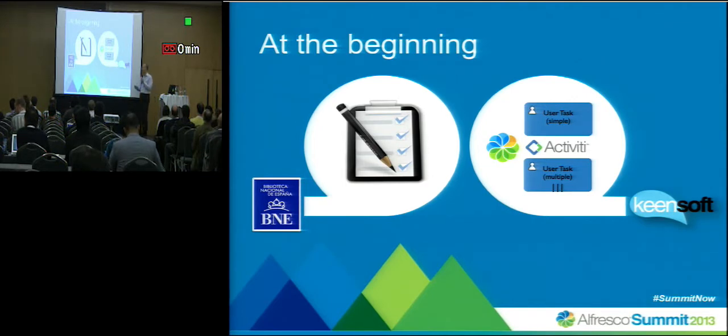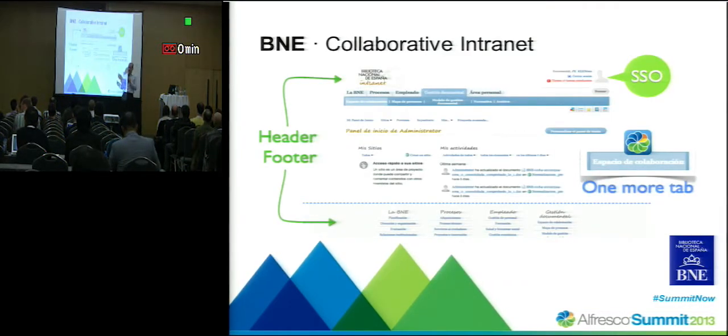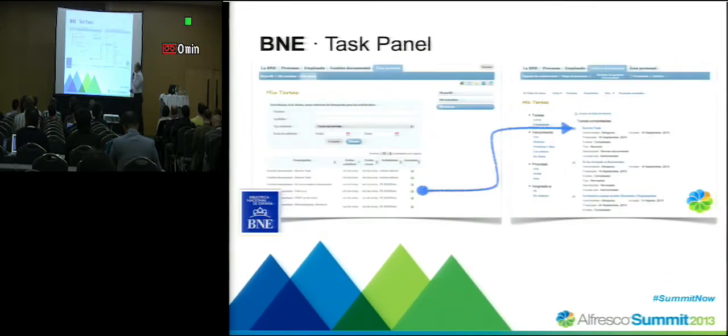This customer needs to integrate Alfresco with the intranet for their users. This is a screenshot of the integration. You see Alfresco inside the header and the footer of the intranet. You access Alfresco through this tab.